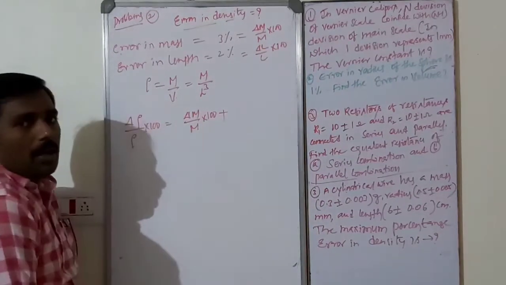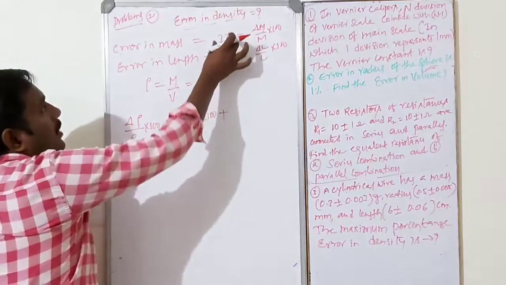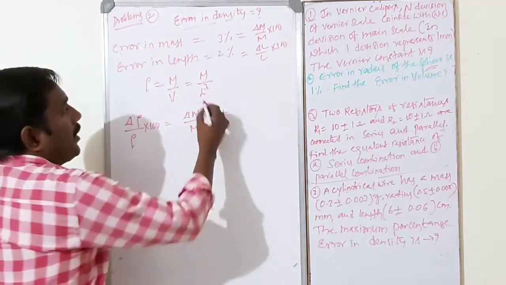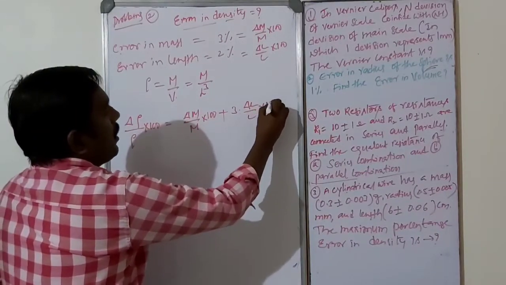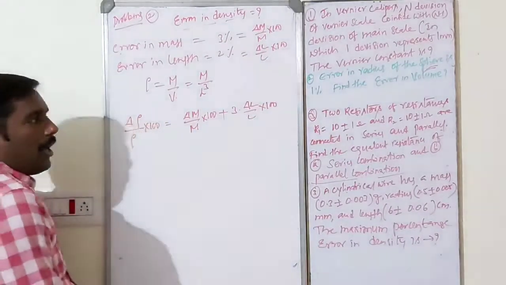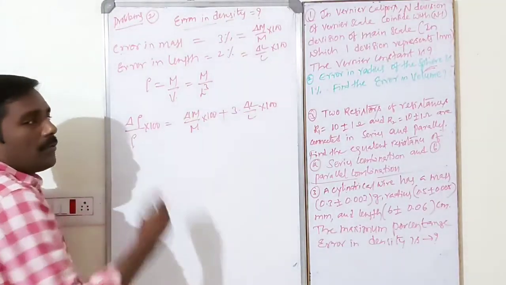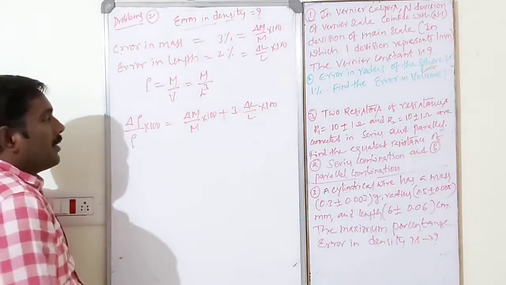These are the percentage errors in mass and length, already given. Substituting above values, then we will get error in density.